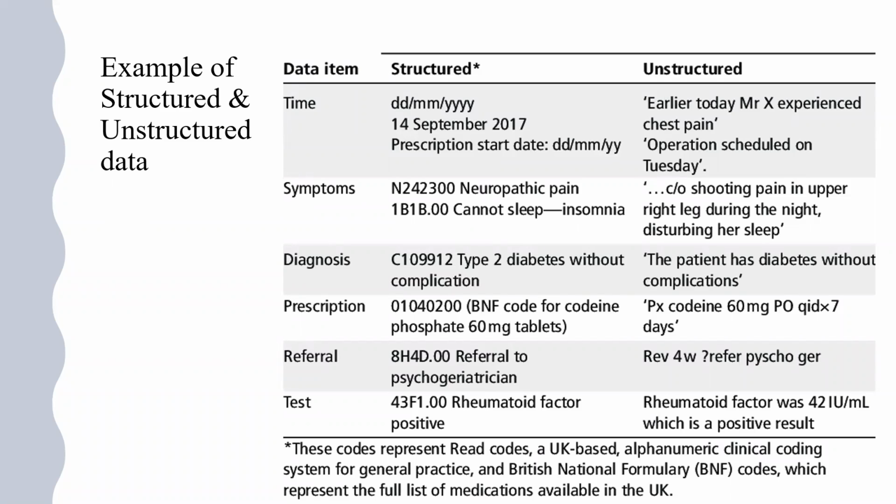The reason I'm bringing up structured and unstructured data is that most of the statistical analysis that we studied in our courses is applicable on structured data, but not on unstructured data.